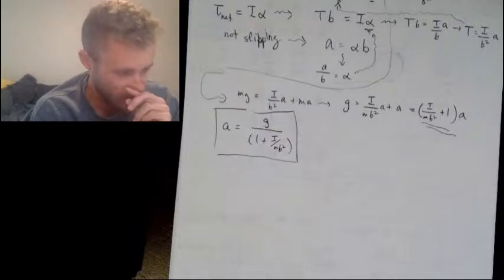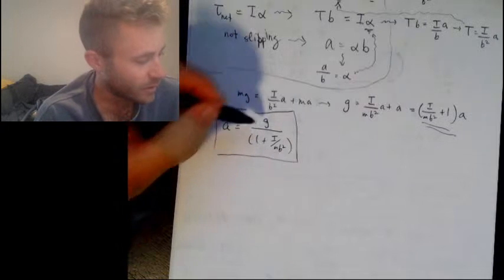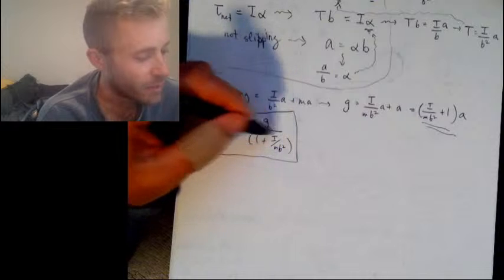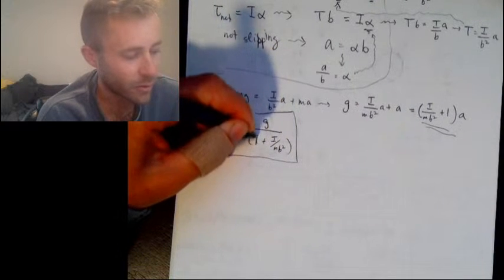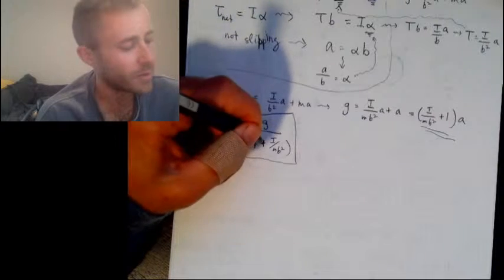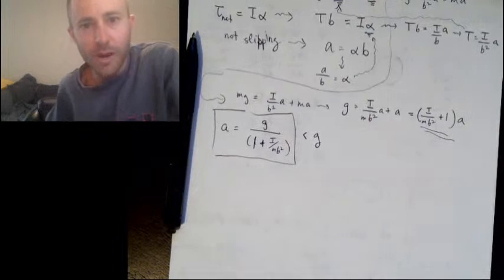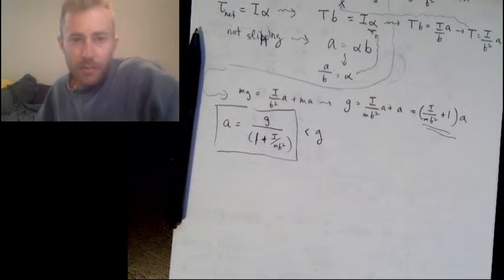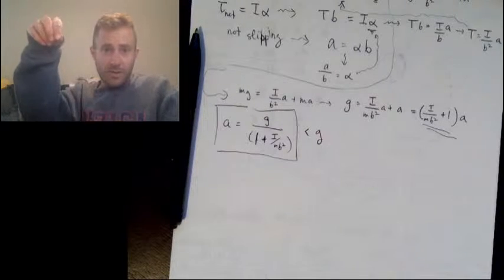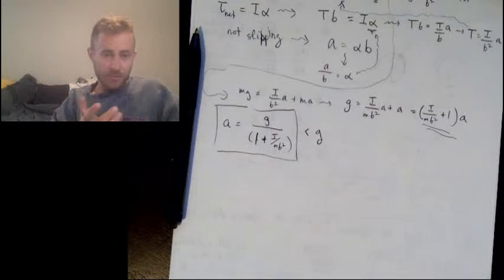One thing I like about this equation is that the acceleration is gravity divided by a number clearly greater than 1, because it's 1 plus something. So the linear acceleration of the yo-yo is less than the acceleration due to gravity. If you've ever played with a yo-yo, you know that if you just let it unwind, it accelerates down, but not as quickly as something you just dropped.